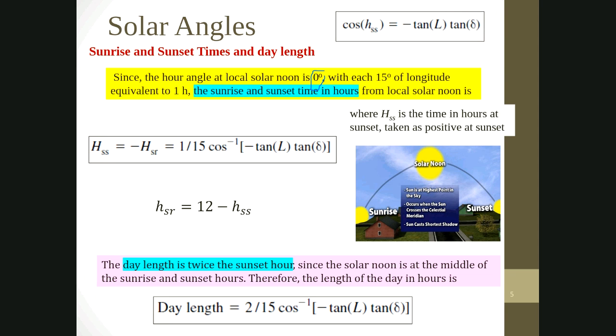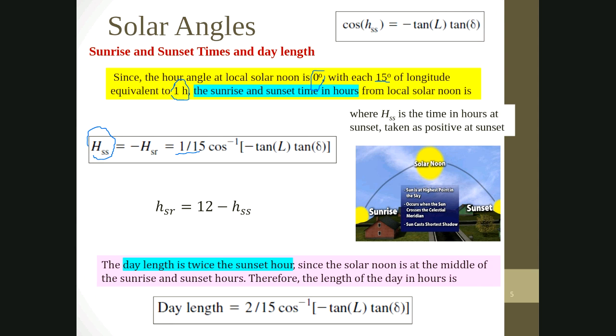To move from one longitude to another, we need 4 minutes, which means we need 1 hour to cross 15 degrees of longitude. So H_SS, the sunset time in hours, is given by the same equation, minus tan L tan delta, divided by 15. The 15 here converts degrees to hours. So H_SS represents the sunset time.